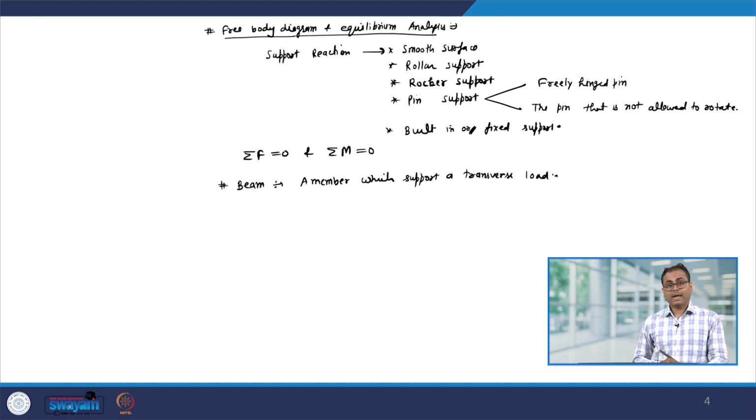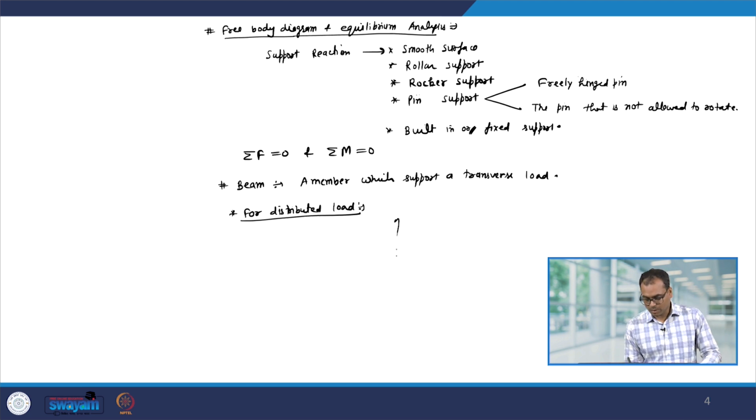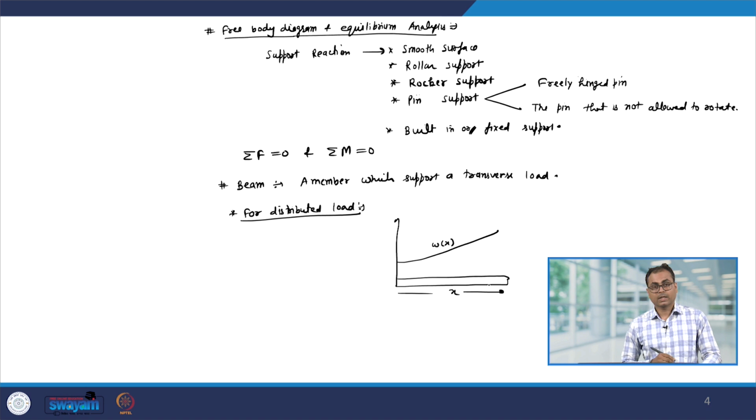And if the load is distributed, suppose there is a beam and on this beam we have a load that is some function of x.